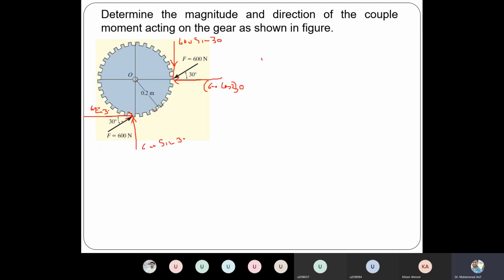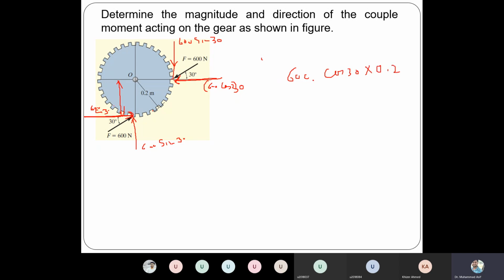Now, instead of one couple, we have two couples. One is this component and the other is this one, meaning two equal and parallel forces. What is the perpendicular distance between them? 0.2. So now it's very easy: 600 cos 30 multiplied by 0.2.